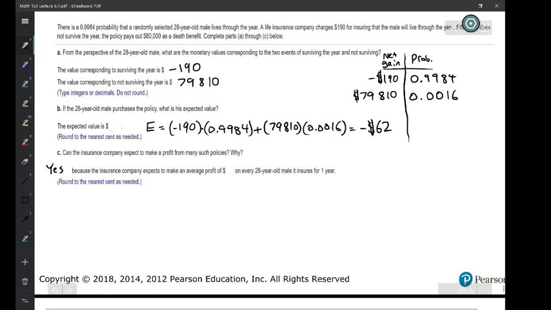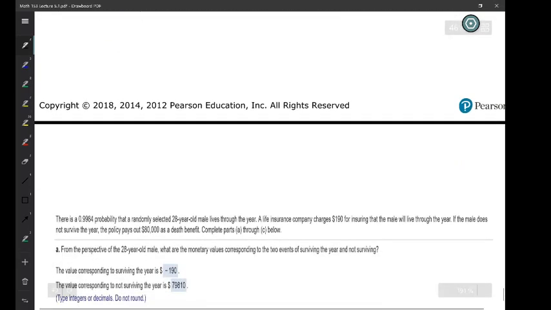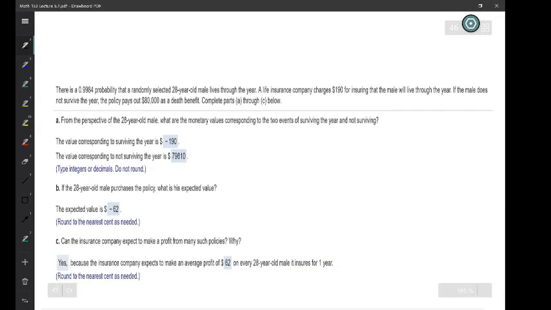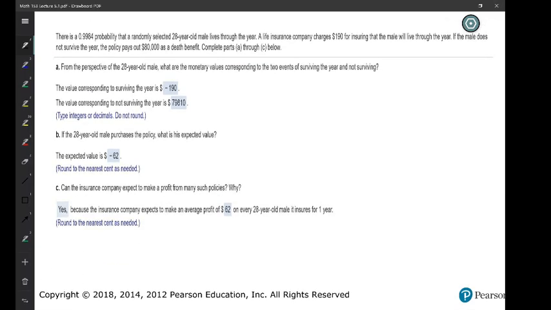But on average, the company expects to make a profit of $62 on each 28-year-old male it insures for a year. That concludes this lecture.